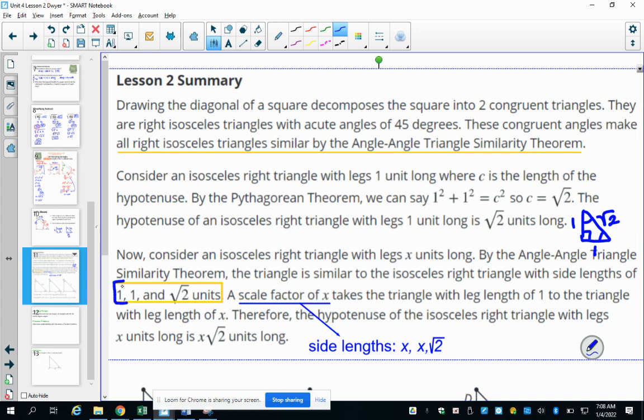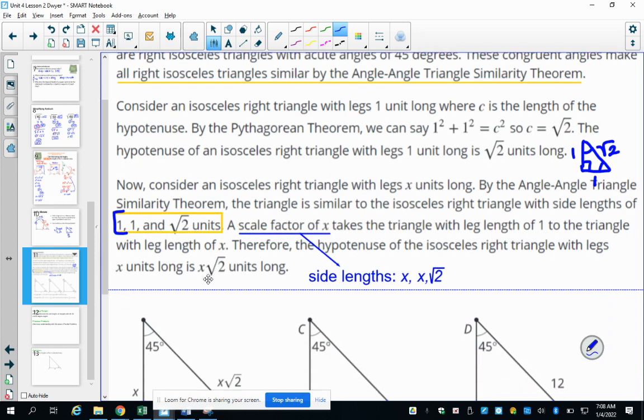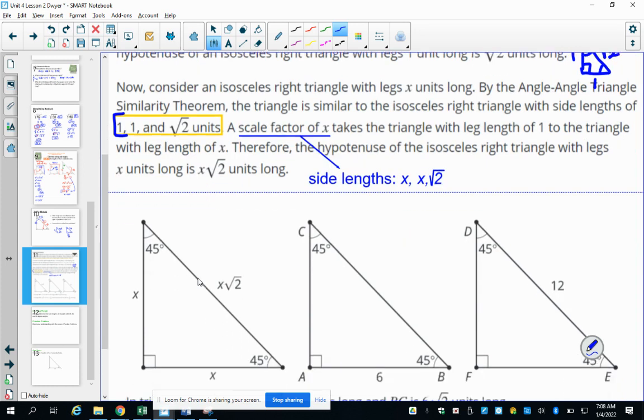So then that gives us our scale factor. We notice that the legs are 1. We multiply by square root 2 to get the hypotenuse. So if we wanted to generalize that, we could say that the side lengths are x, x, and then the hypotenuse is square root 2 x, or x times the square root 2. So you see that here: we have x, x, and square root 2 times x.